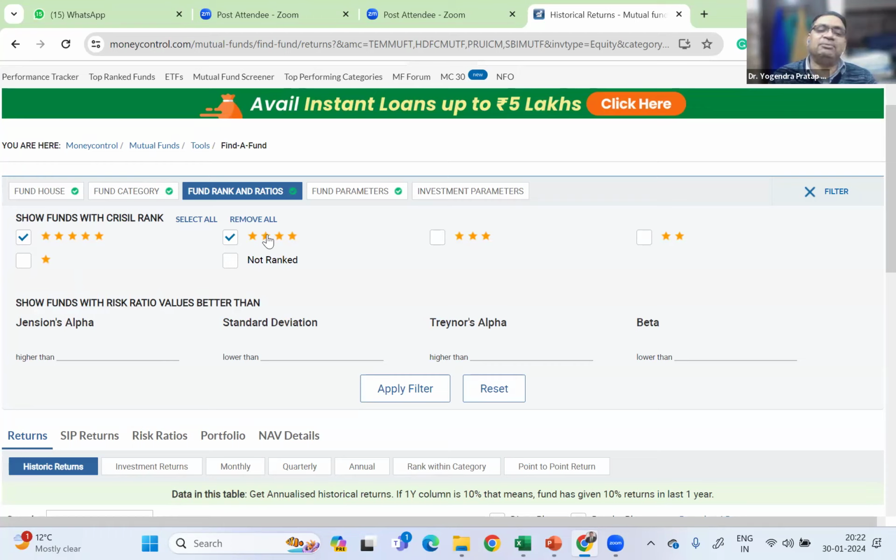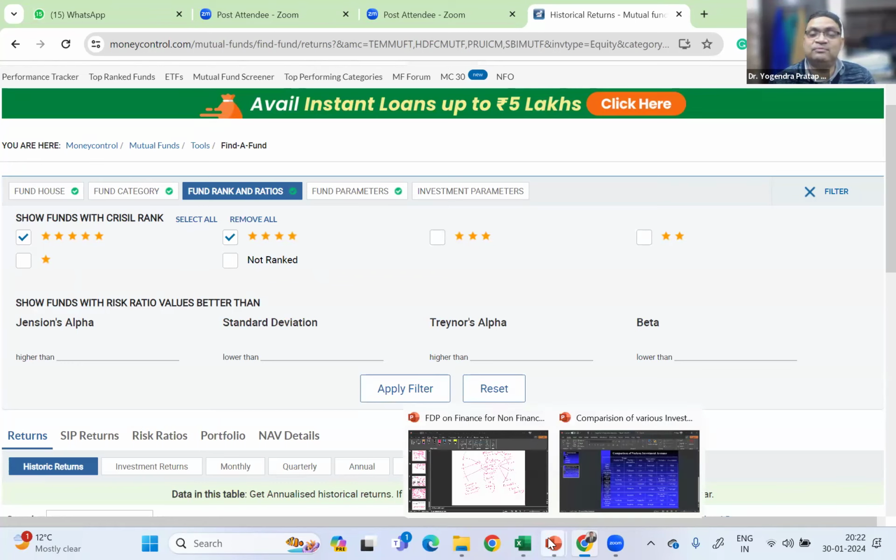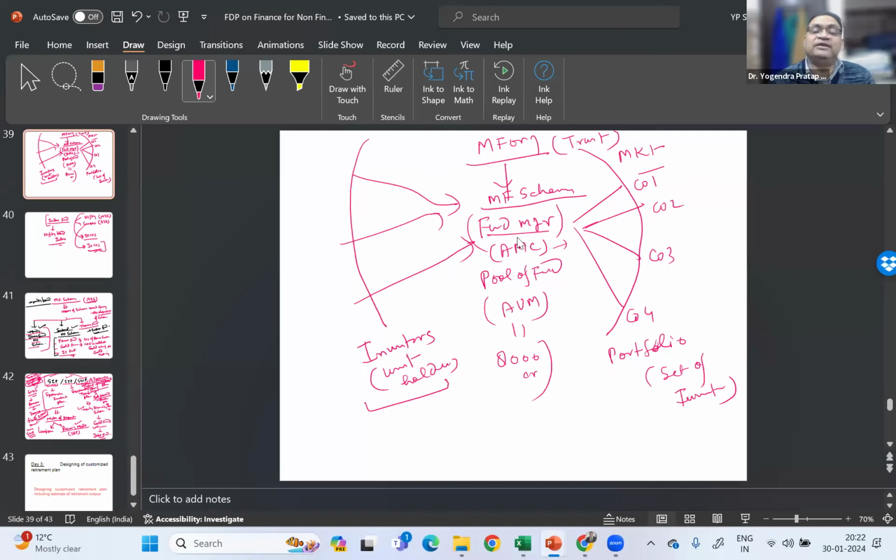Once you study these things, you can see the expense ratio also, because what is the demerit of investing via a mutual fund? When you invest in the market via a fund manager, you have to bear the cost of the fund manager, and this cost is known as fund management charges.